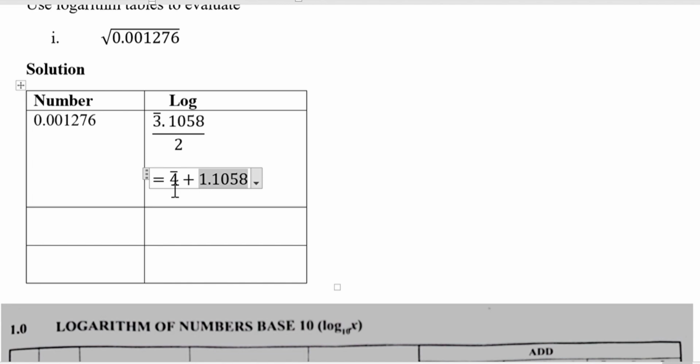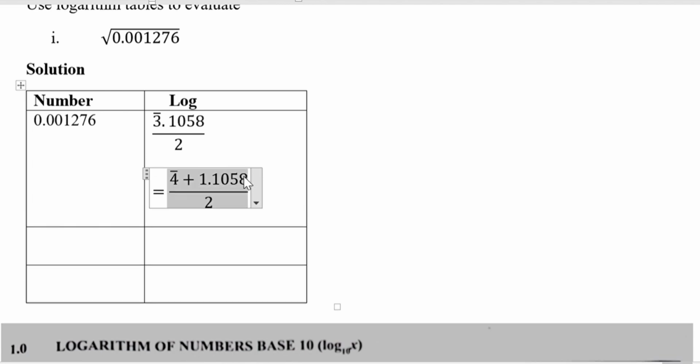Then we divide this new number by 2, the 2 we have here. Negative 4 divided by 2 will give you negative 2.